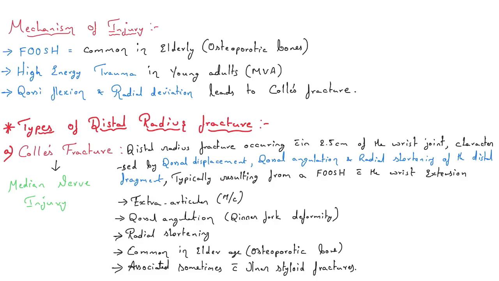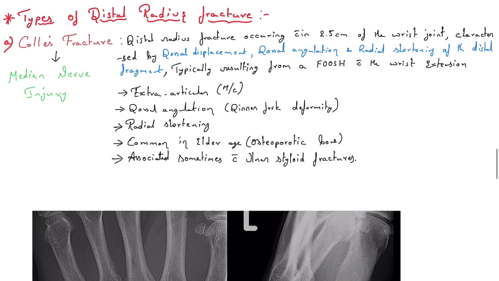Most commonly it is due to a fall on an outstretched hand, common in the elderly, and high energy trauma in young adults, that is MVA, like vehicle accidents. Dorsiflexion and radial deviation lead to Colles fracture. Now this mechanism decides the type of fracture.